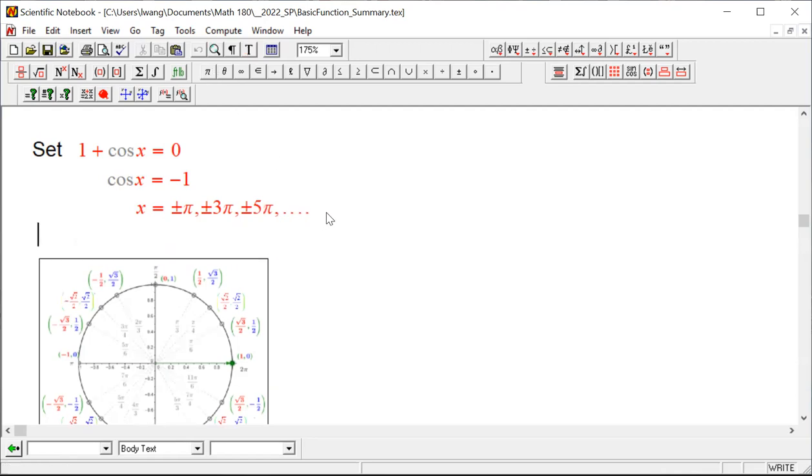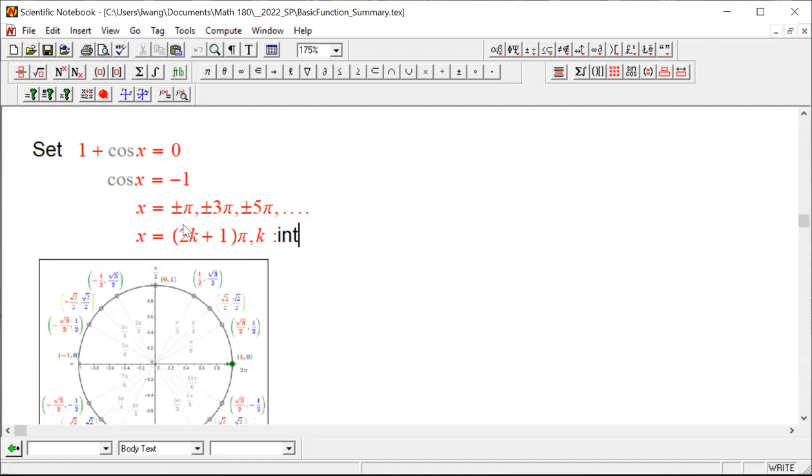So basically x is odd number multiples of pi, which is (2k plus 1) times pi, and k are integers. Plus 1, minus 1, plus 2, minus 2, plus 3, minus 3, plus 5, minus 5.